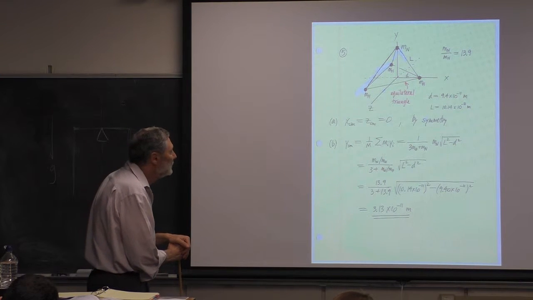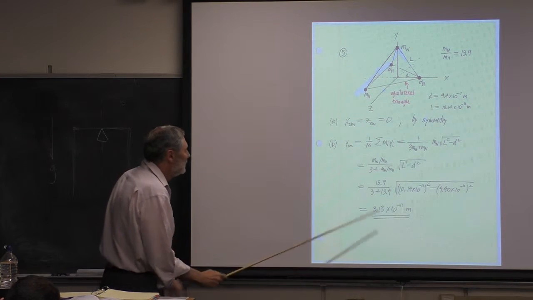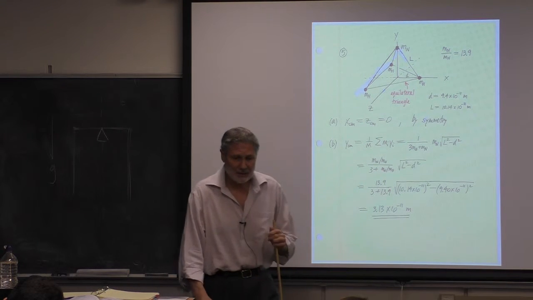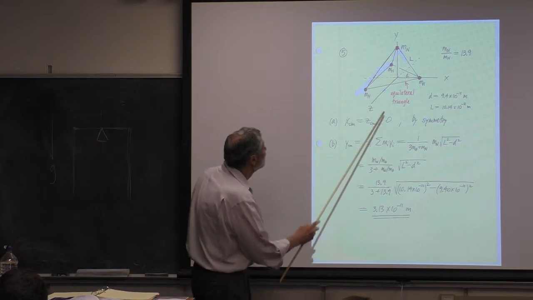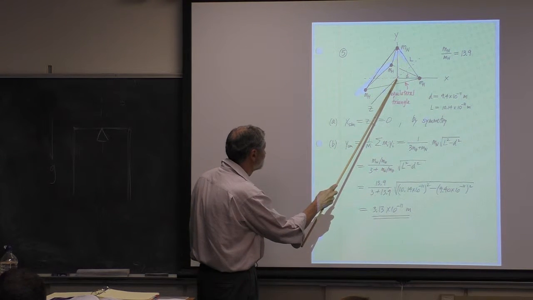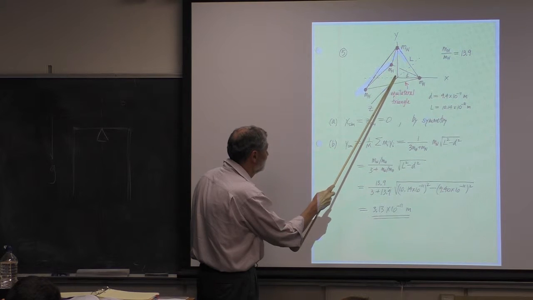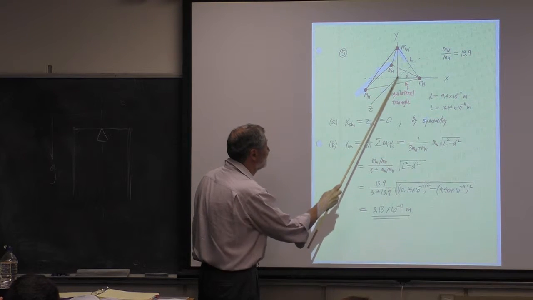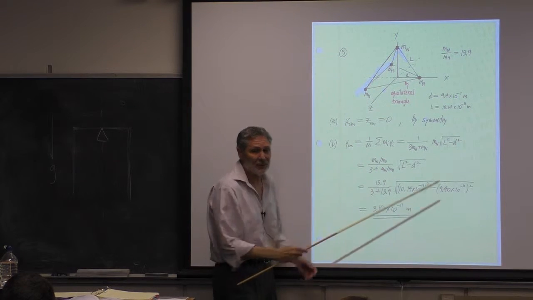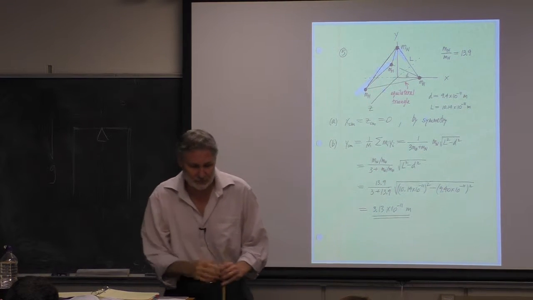And I didn't do it here, but as a check, we could confirm that it lies, see, we're not given this distance, okay? But as a check, it's going to lie, it's not going to lie up here, okay? We could do that check if we wanted to.